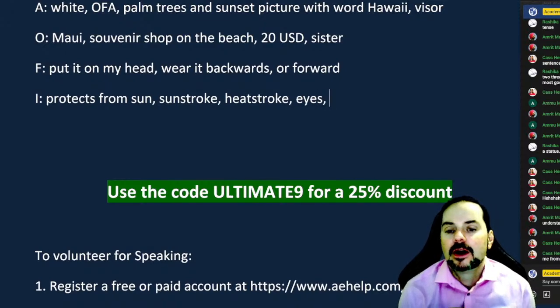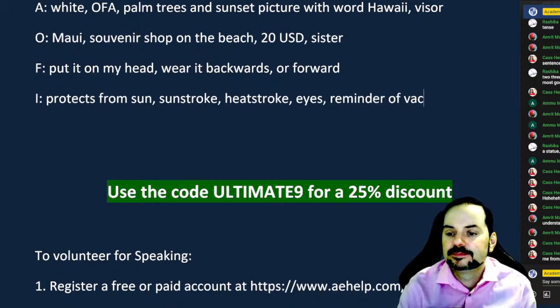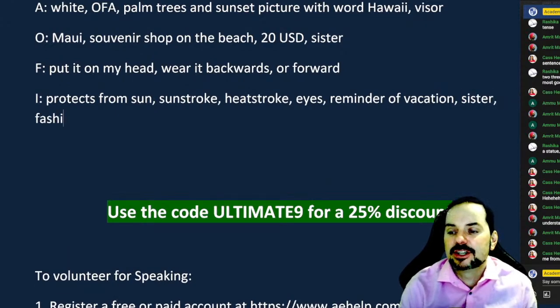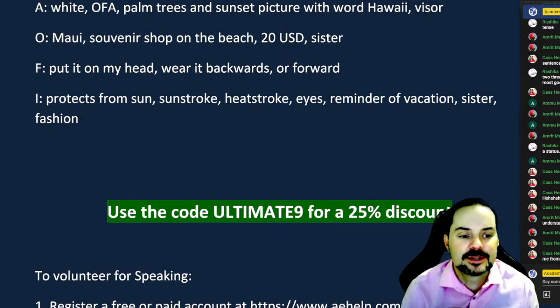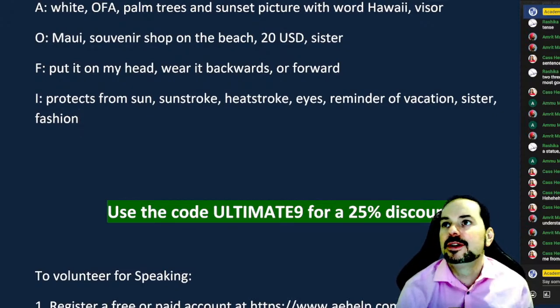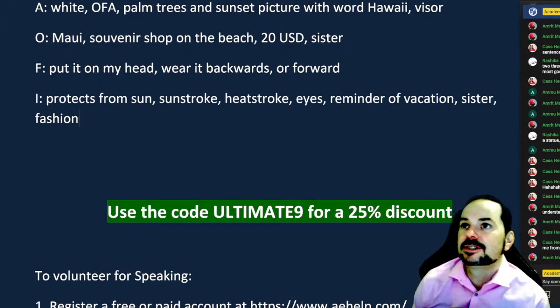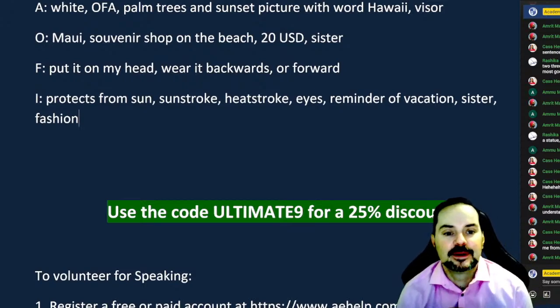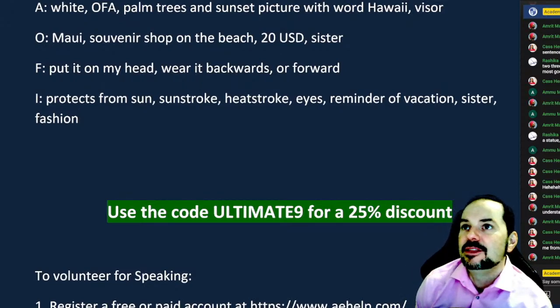Also you might remember that it reminds you of your vacation, and your sister. And Anish says for fashion, it actually looks good. It's a nice article of clothing to wear in the summer. Absolutely, Anish. Don't forget about the easy thoughts, right?